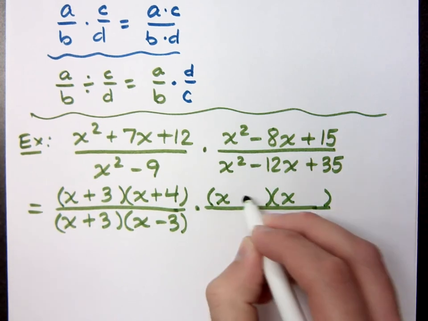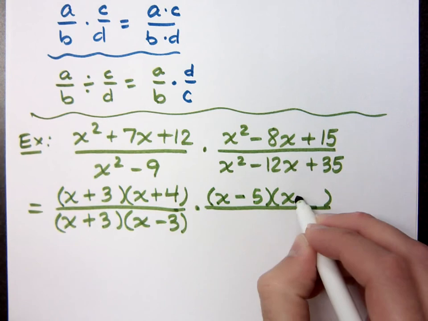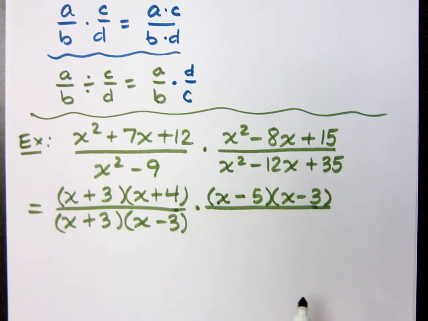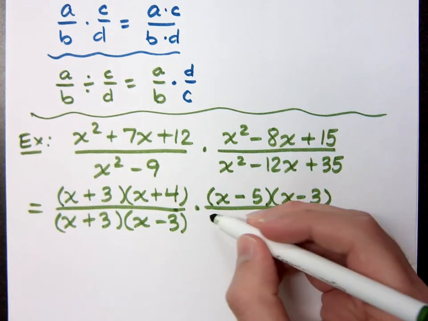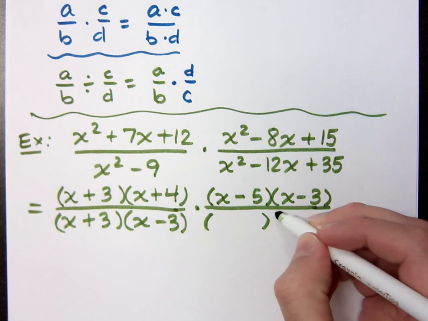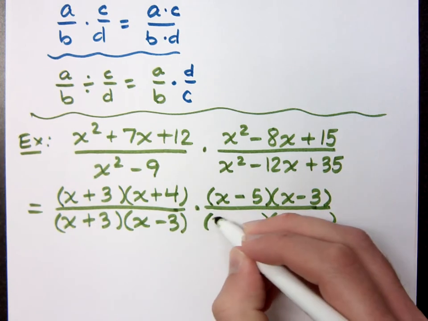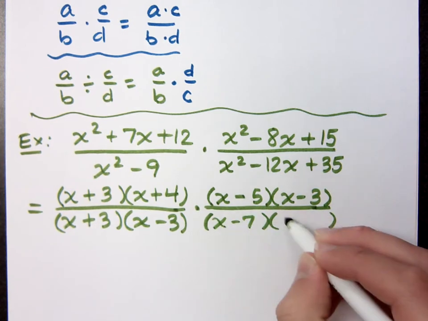Alright, watch your signs. We have x minus 5, x minus 3. What about that denominator? That's x minus 7 and x minus 5.